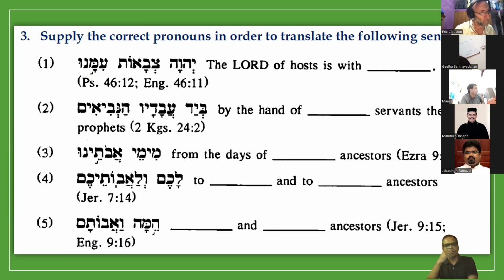I used the NRSV, sir. It is ancestors only. Okay. Just a minute, stay on. Let us find a solution for this.